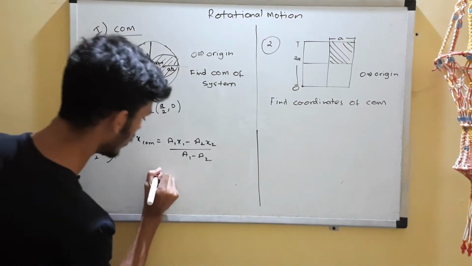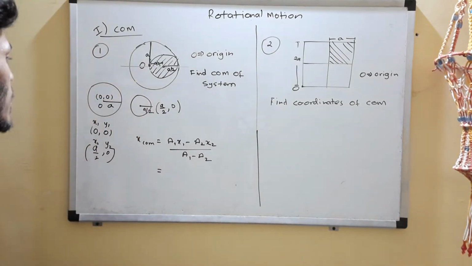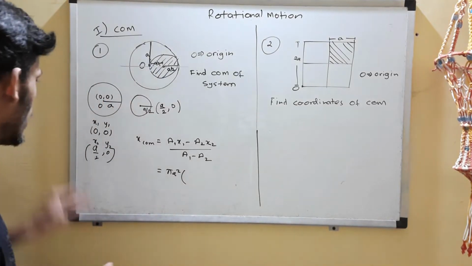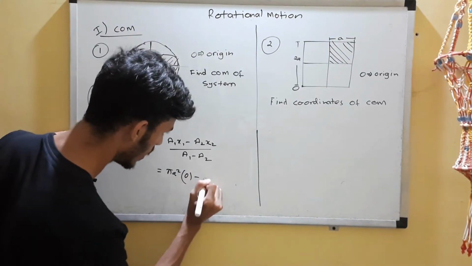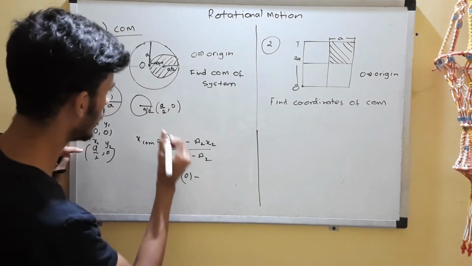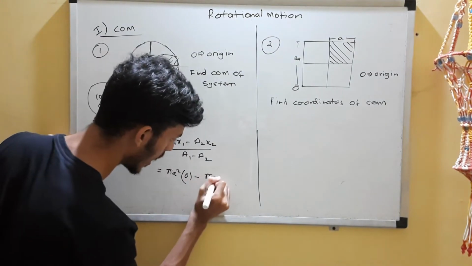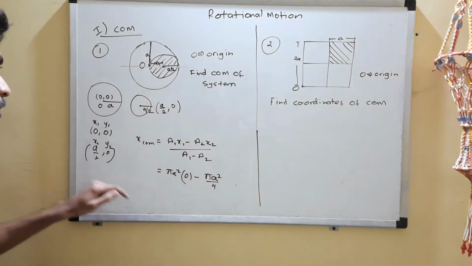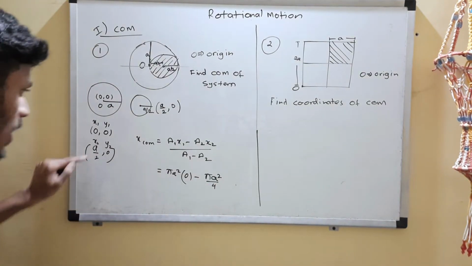Now just substitute in the formula. A1 is the area of the first one, which is pi a square. x1 is 0. A2 is the area of the smaller circle, so pi (a by 2) the whole square, which is pi a square by 4. x2 is a by 2.